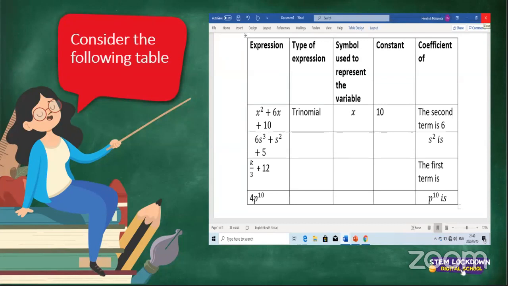Now, the last one, give me the coefficient of the first term. Is it 1? Okay. Give me the first term. What is the first term there? K over 3. Yes. Now, what is the coefficient of K?